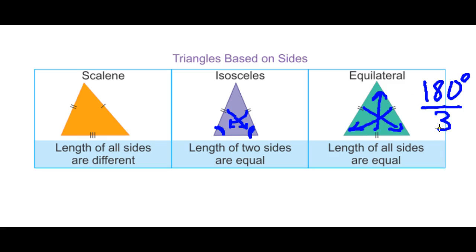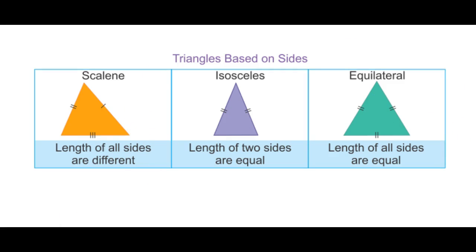So I know that each angle in an equilateral triangle is going to be exactly 60 degrees. This angle right here is 60 degrees, this angle is 60 degrees, and this last one is 60 degrees. And that adds up to 180.